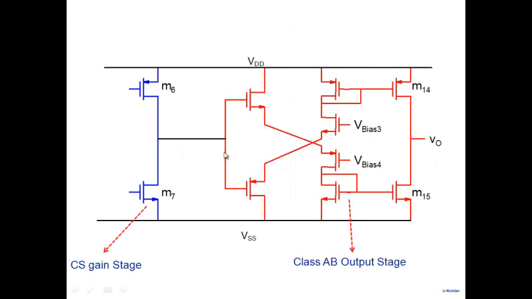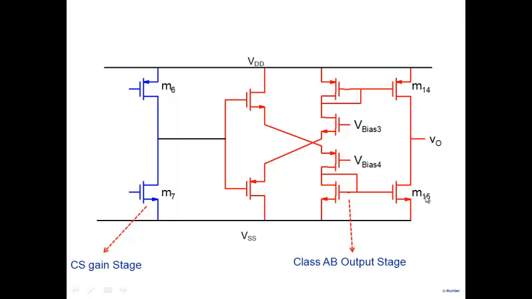So this is my class AB buffer stage here, the red one that you see here, and this one is my common source gain stage here. This is the one which will drive here. So whatever voltage you develop here goes into this one. Once the voltage goes positive, it travels to this positive here and will turn on M15.